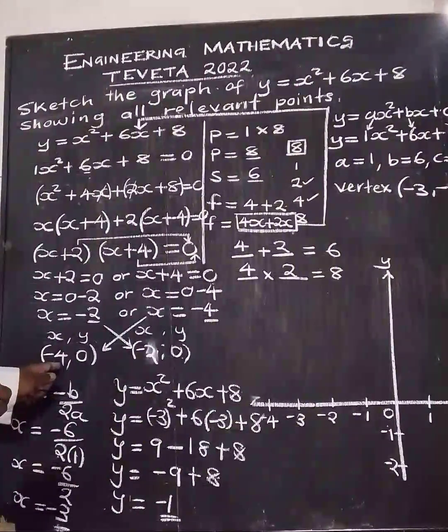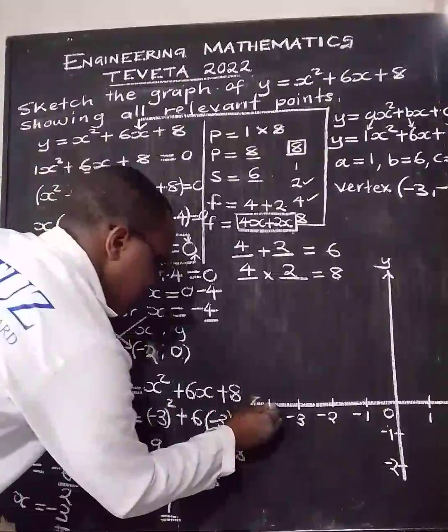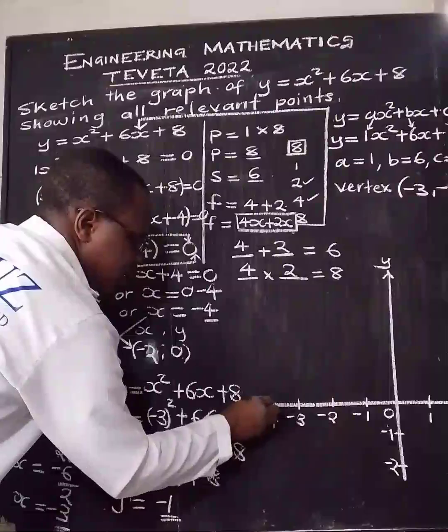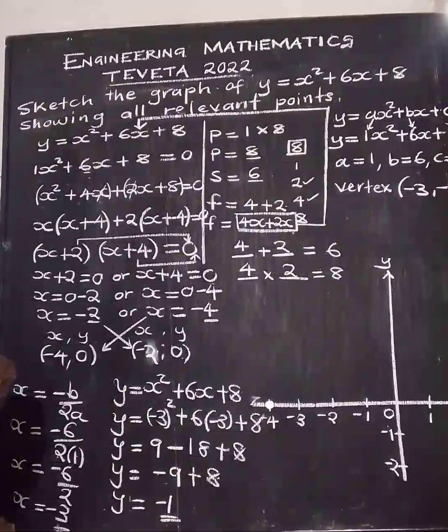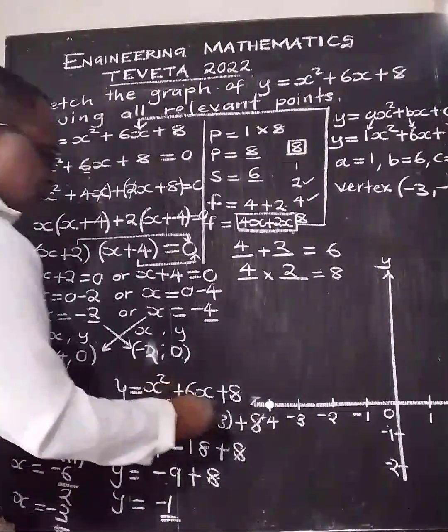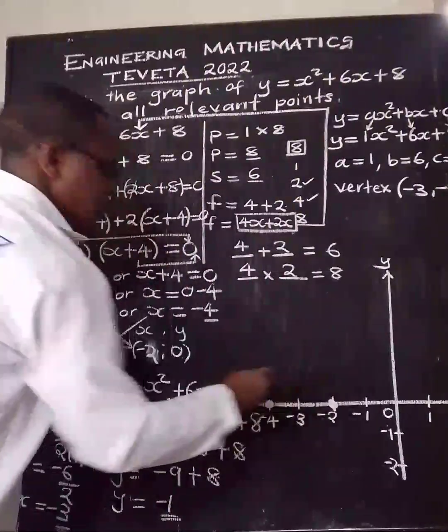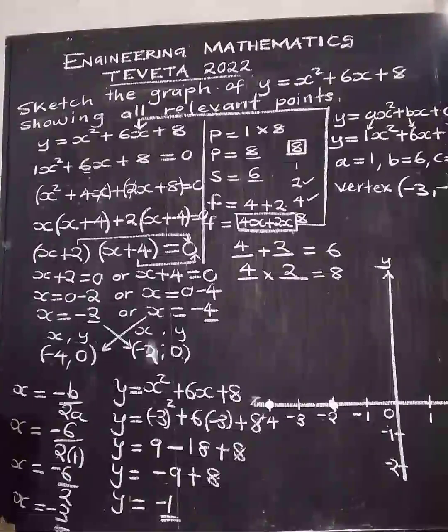The first one is -4, 0. So this is -4, 0. Then the other one is what? -2, 0. This is -2, 0. Then you can now come up with a graph.